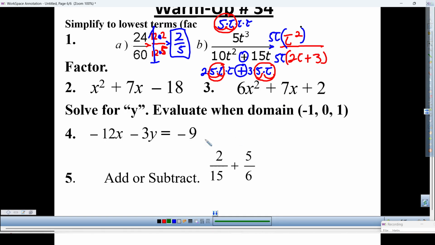What's our giant 1? The 5t. So put a giant 1. So therefore, our solution, or our simplified rational, is t squared over 2t plus 3. Okay? We're going to get into that today, by the way. FYI.